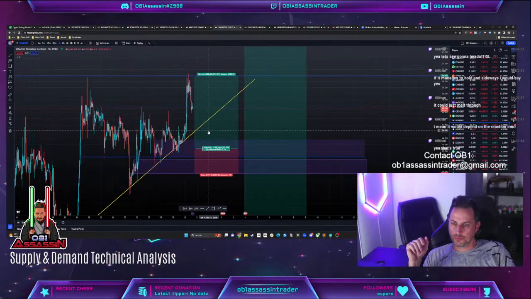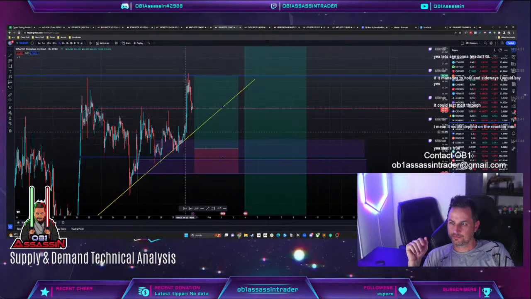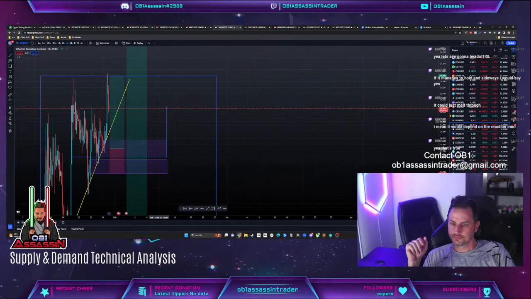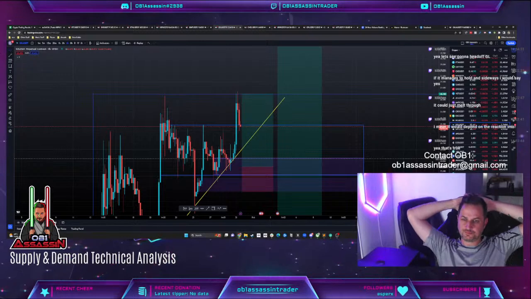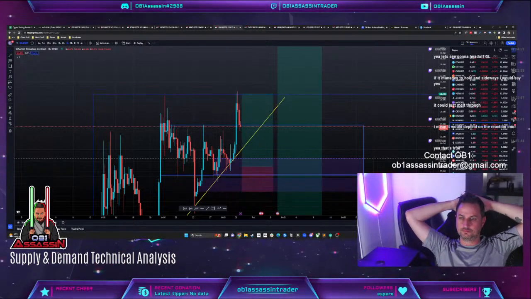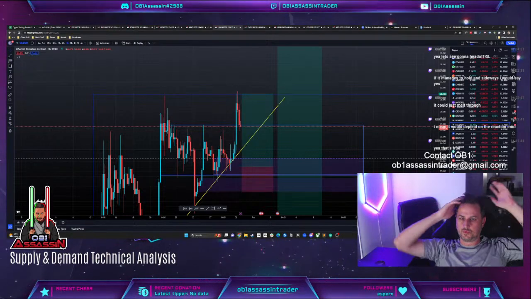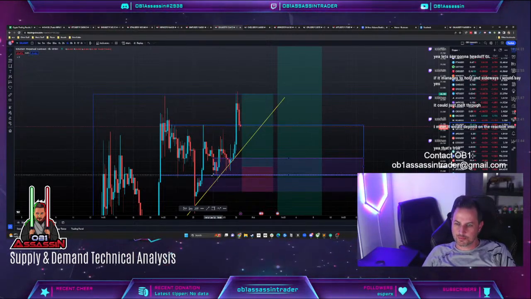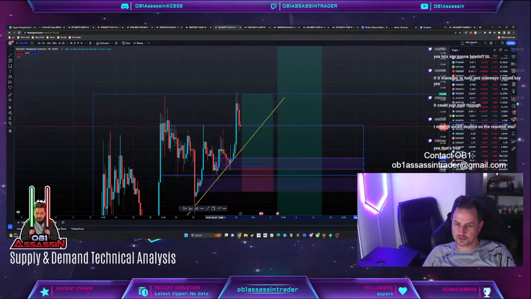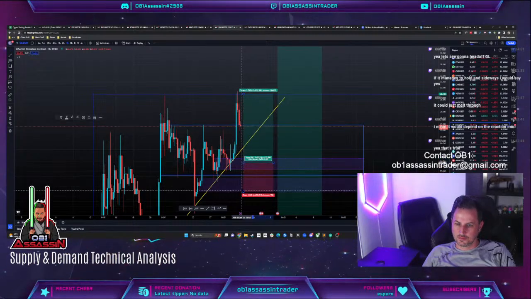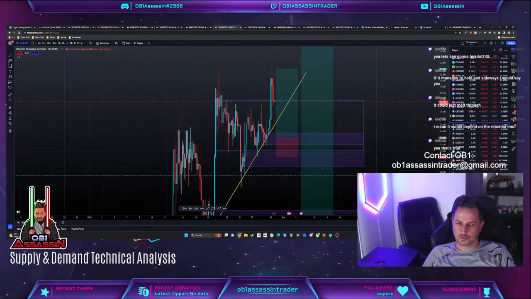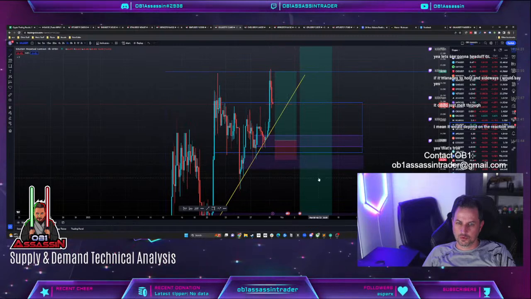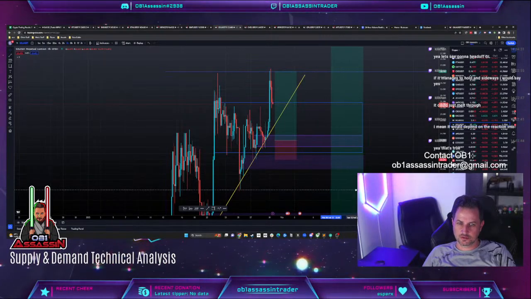Sol, waiting for it to come back down into here. I don't know why this block here is so big. The auto block is there. The trade is there. Really, that could be broken up into a couple of different trades.